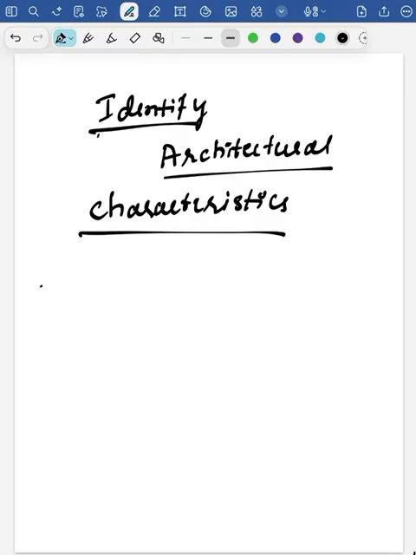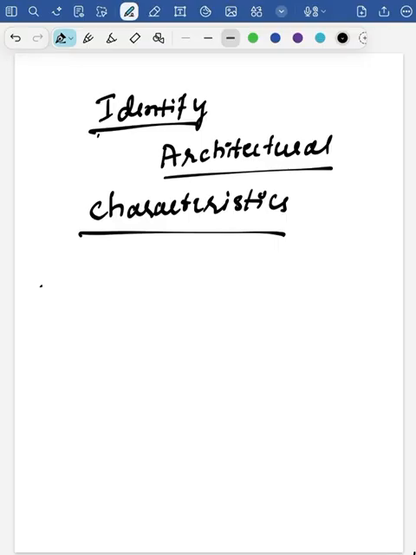So now the architect and the stakeholder don't understand each other. So what happens? It leads to a lost in translation kind of problem. Now it is the architect's responsibility to map those stakeholder business concerns into architectural characteristics.